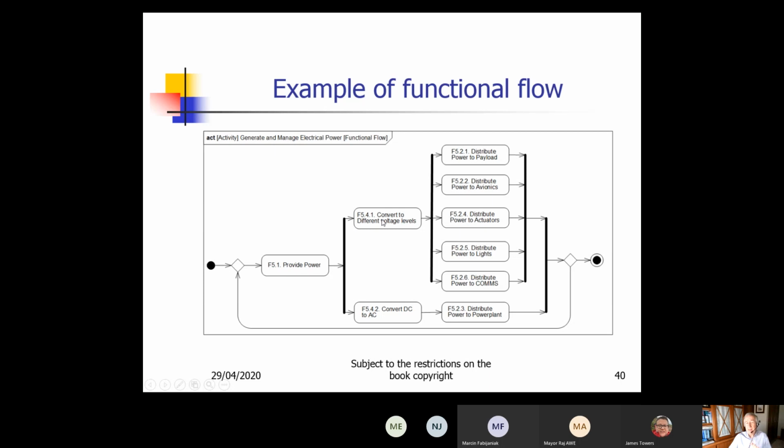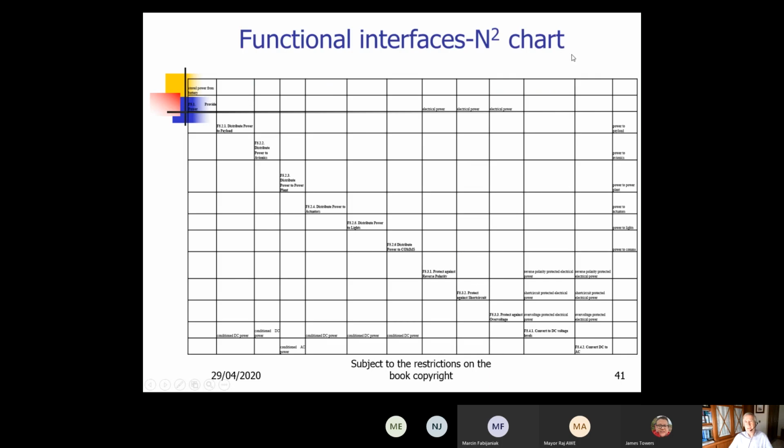We don't represent here if a function sends something to another function, or if a function receives something from another function. For that purpose, we use the N-square chart. We represent in the N-square chart, in the diagonal, functions at the same level.